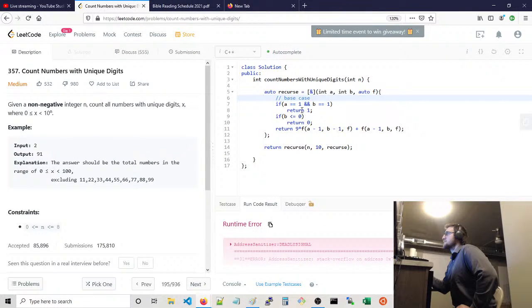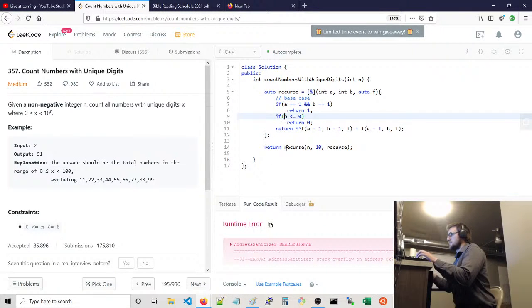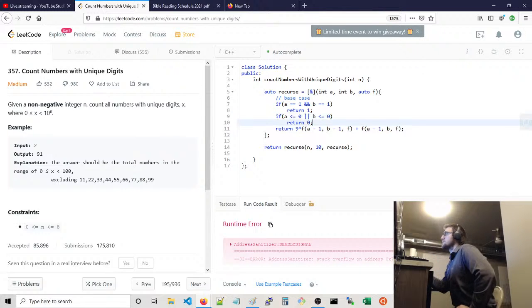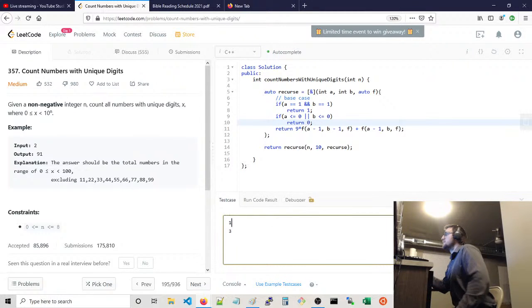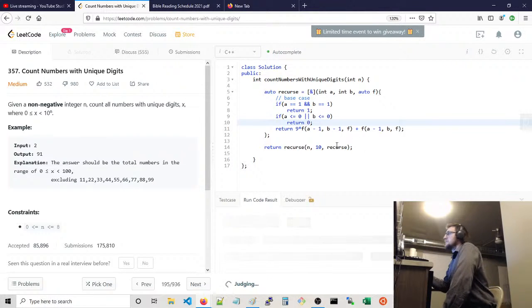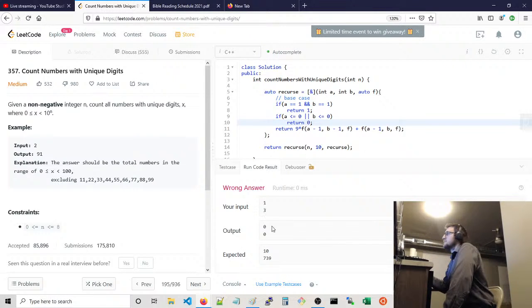I think if a is 0, then it's just 0. I think if either of these are 0. 0. Interesting. What do we get with 1? 1 and 10.